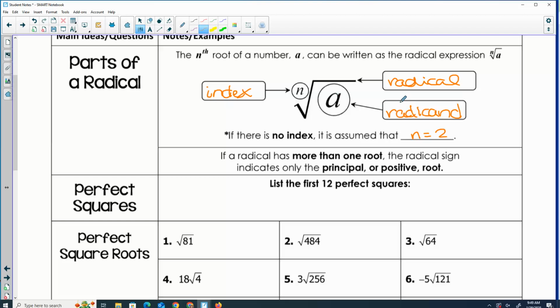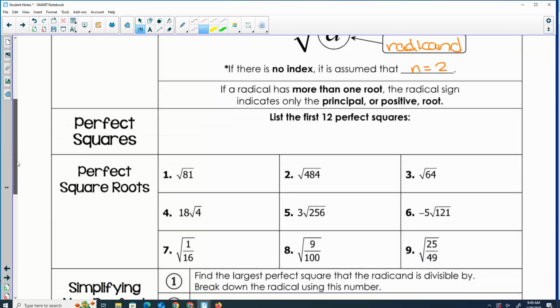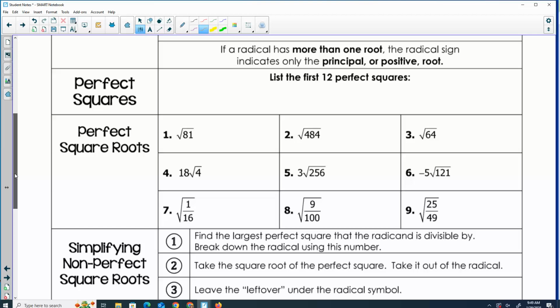When we do these, we are always finding the positive roots of things. So we're going to start today with dealing with squares.